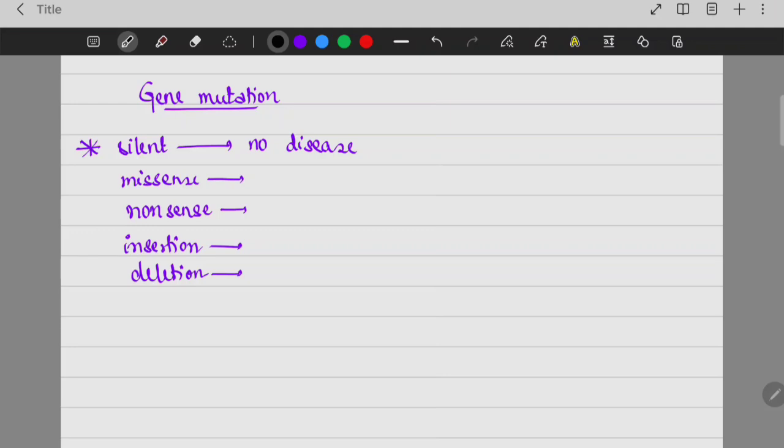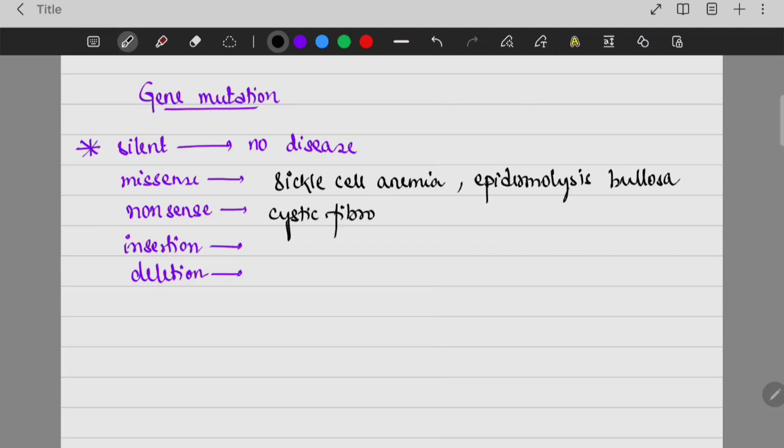Under missense, it will be sickle cell anemia, and another will be epidermolysis bullosa. Under nonsense, it will be cystic fibrosis or some kind of metabolic disorders.